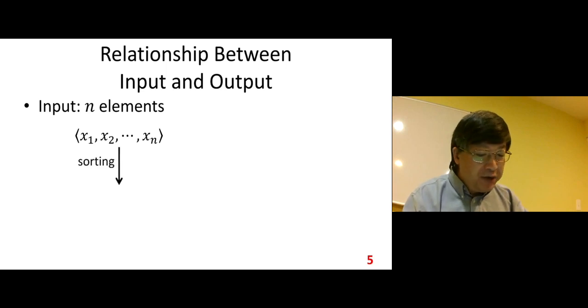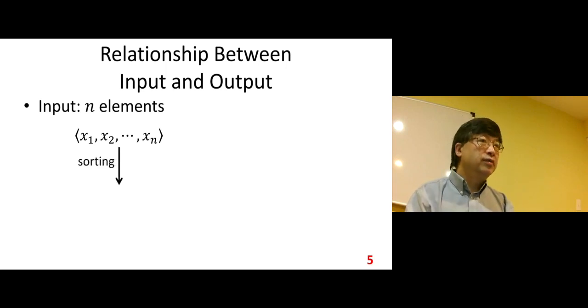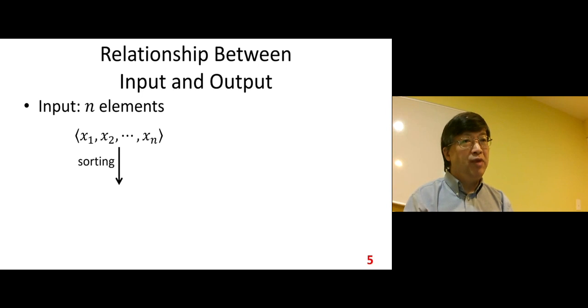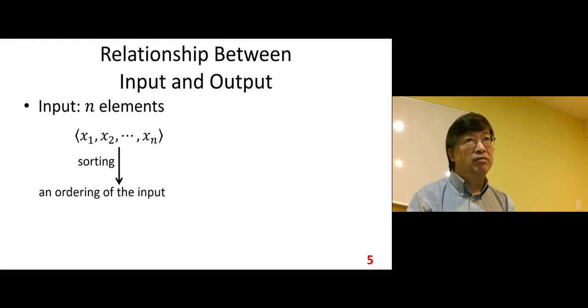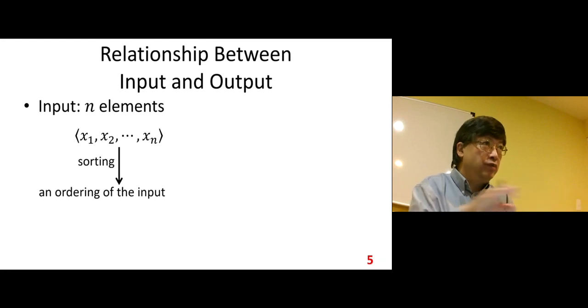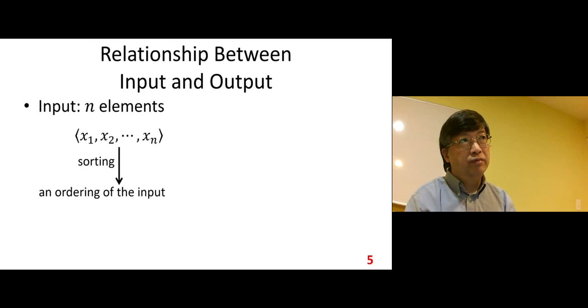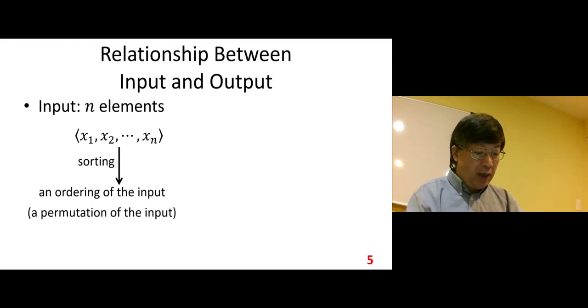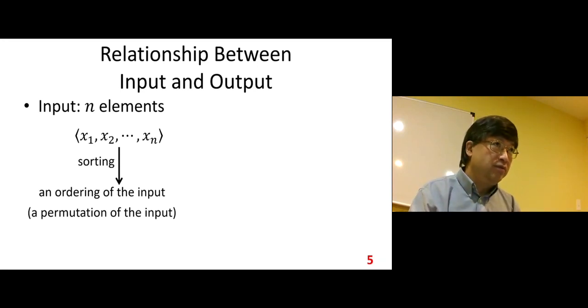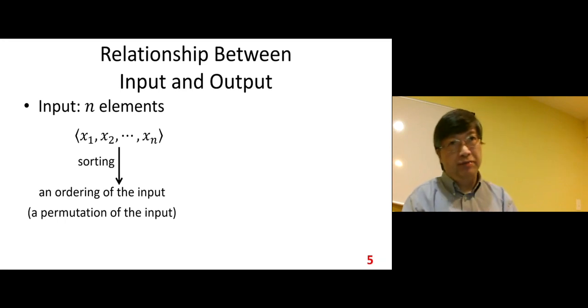We can use a simple notation to represent this. After the sorting, we get an ordering of the input. We just rearrange it in a different way, a special ordering of the input, and it is a permutation of the given n numbers.